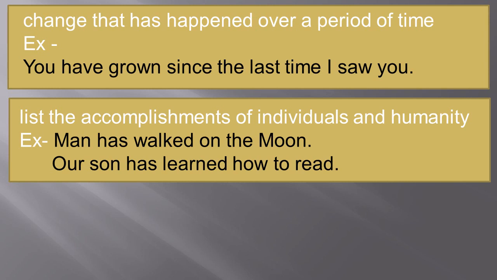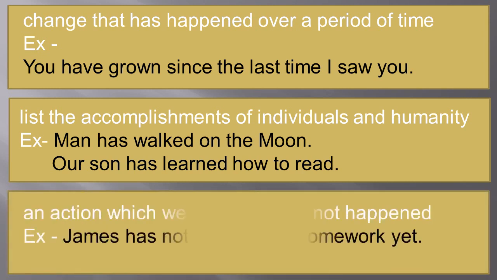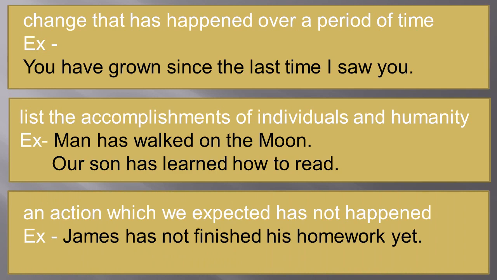Then another use we have, to describe an action which we expected has not happened. For example, James has not finished his homework yet. That means the expectation is that the action has happened, but it has not, and in such cases also we use present perfect tense.